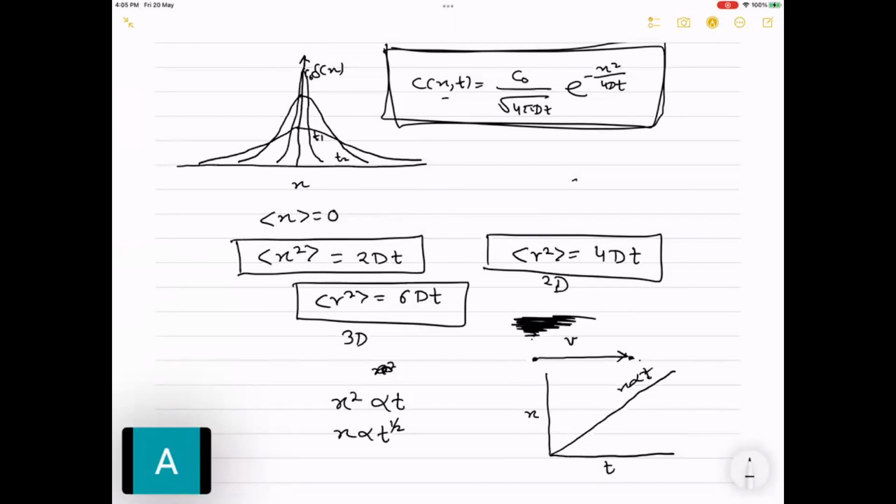So in case of a ballistic motion, we have this kind of dependence with respect to time. But if something is diffusing, then x versus t looks something like this. Here x is proportional to t to the power half in case of diffusive motion.